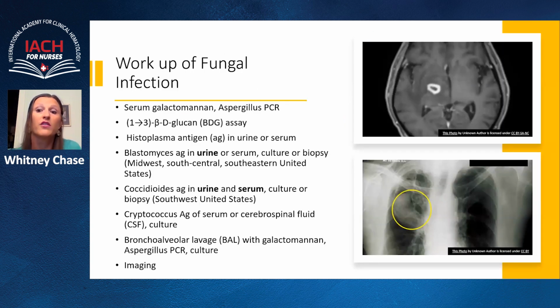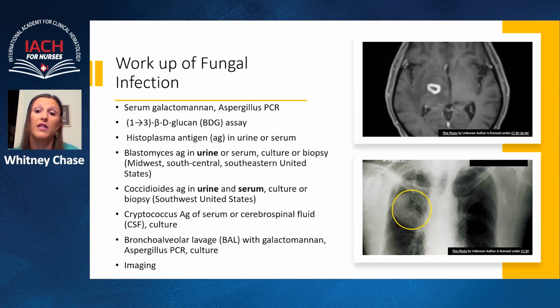Most infections are likely to be bacterial, but viral and fungal infections are also certainly possible, especially given the degree and duration our patients are neutropenic. A more in-depth discussion of specific infections and their treatment is outside the scope of this presentation, but I think it's worth saying that patients with AML are at particular risk for invasive fungal infections, and in general, invasive fungal infections are on the rise.